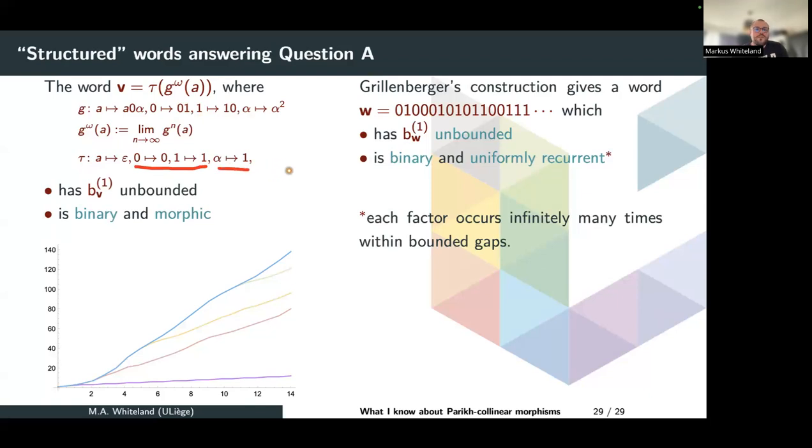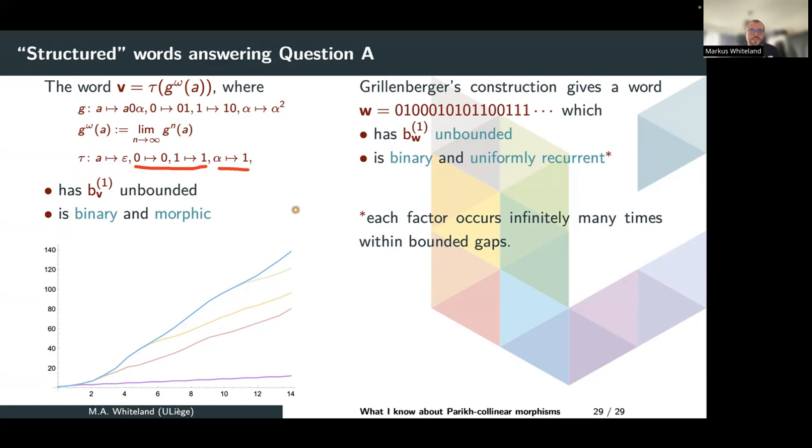This will have unbounded abelian complexity function, and because we have two-amorphs as a substructure, we'll also have this relation between consecutive complexity functions.